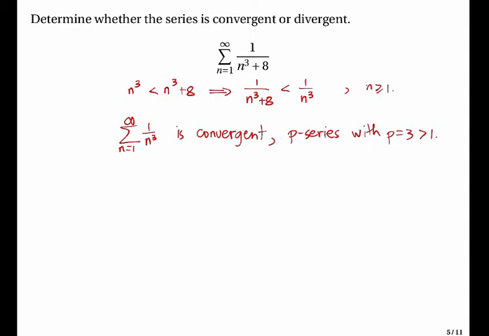So we conclude immediately that the series sum of 1 over n cubed plus 8 from 1 up to plus infinity is also convergent. And that is because of the comparison test.